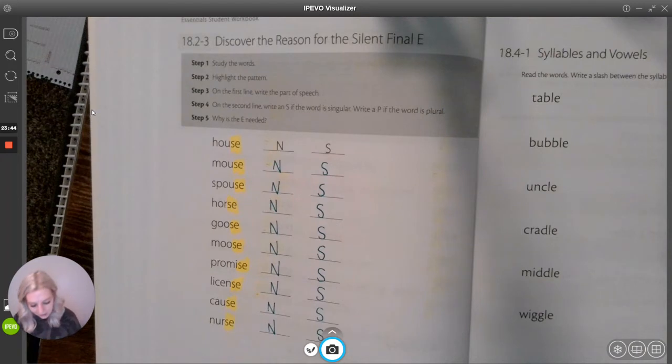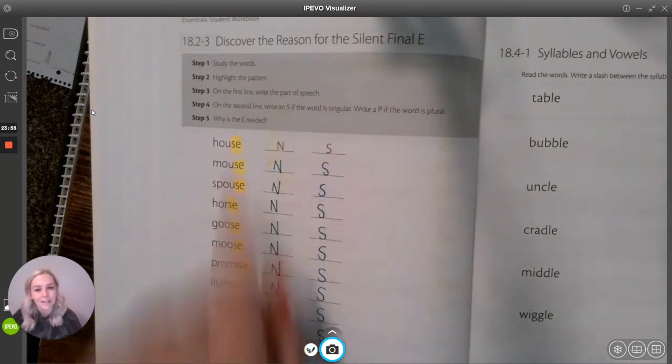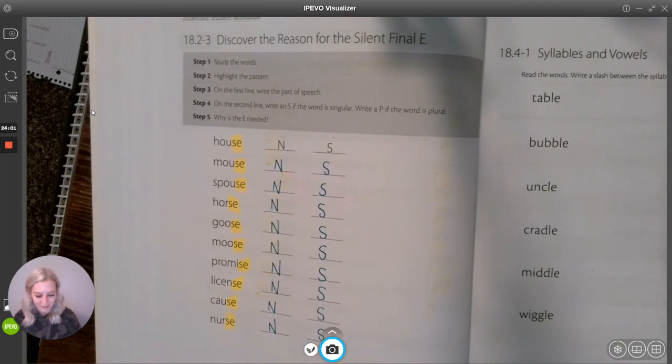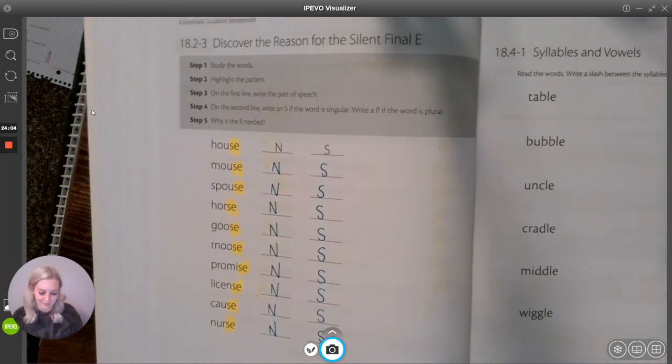They're all singular. Very good. What do we add to a word to make it plural? Do you remember? An S. Very good. So why do you think an E is needed? I want you to think about that, okay? Try to think of a rule for those. You have one?